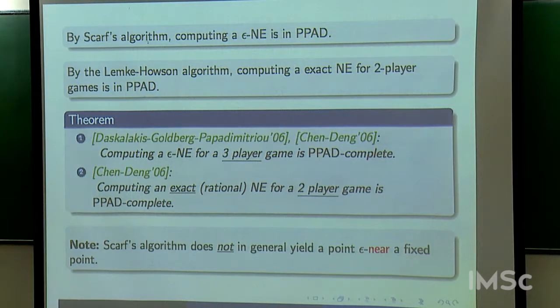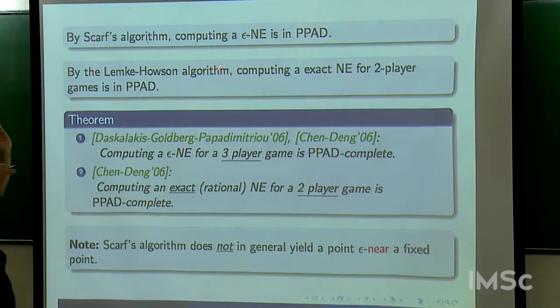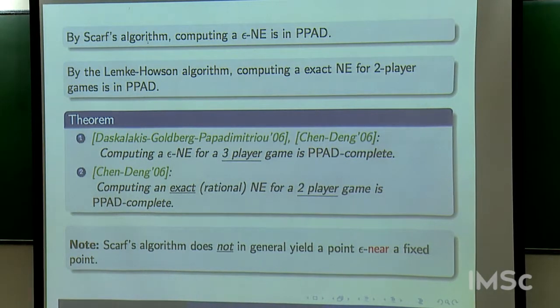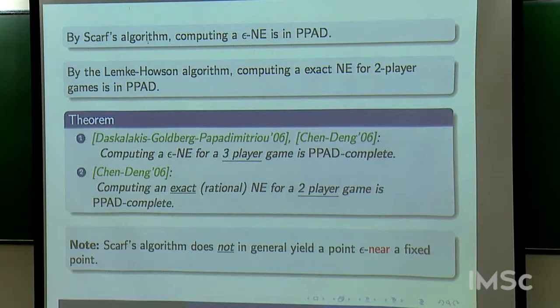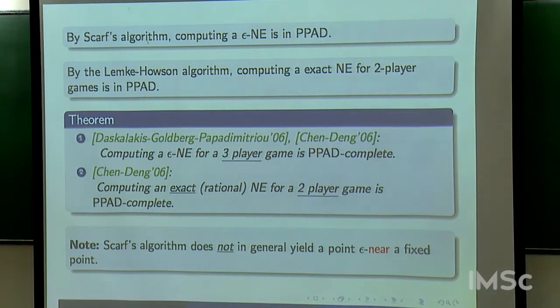Now let me relate this to these celebrated results that you might have heard about. By Scarf's algorithm, computing an epsilon Nash equilibrium. What's an epsilon Nash equilibrium? Let me call it an epsilon almost Nash equilibrium. The standard notion is a profile of mixed strategies in a game where no player can improve its own payoff by more than epsilon by unilaterally deviating from its own strategy.